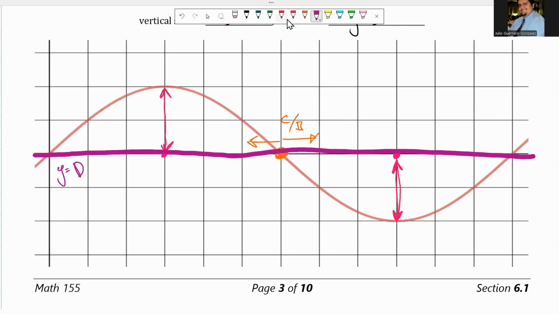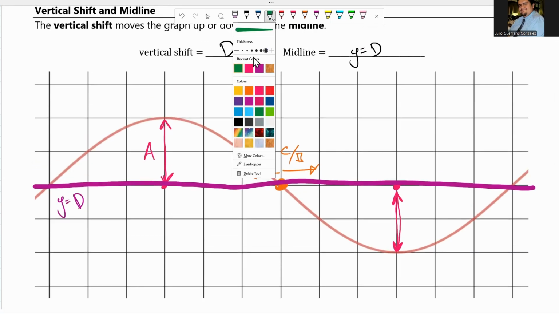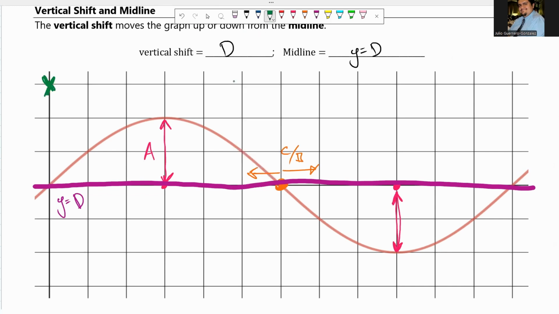From that midline, I have my amplitude. The amplitude is the distance from the very middle, from my midline to either the tippy top or the absolute bottom. And then there's one last thing to explain here: from here to here, you guys hopefully see that this is one period.